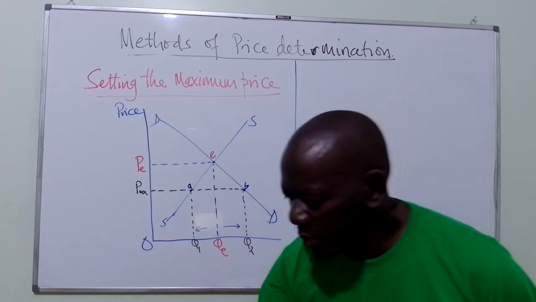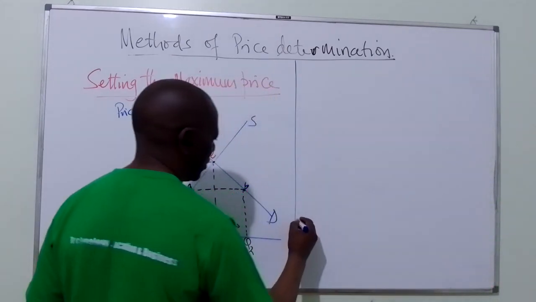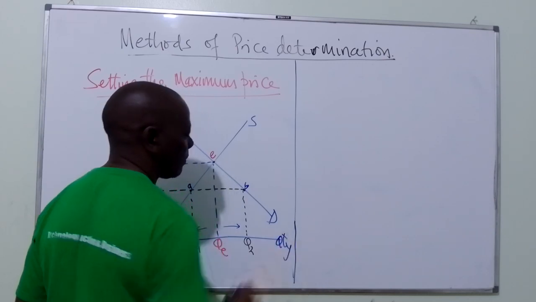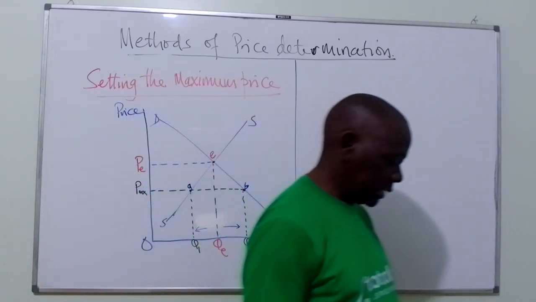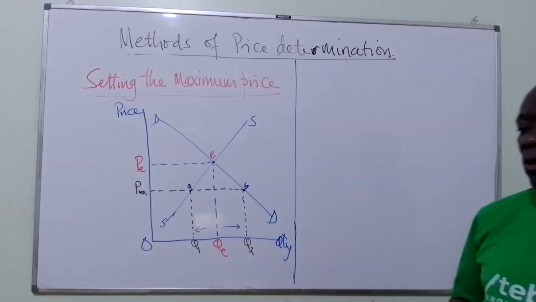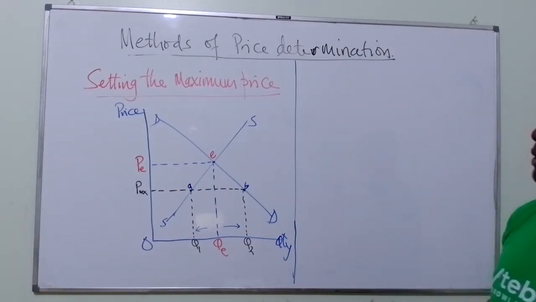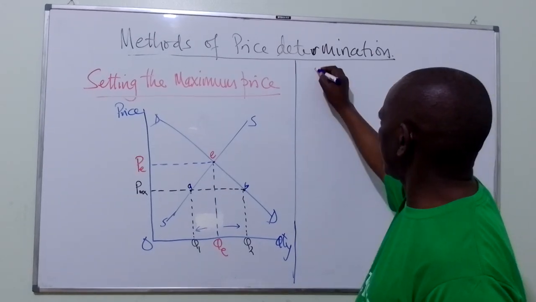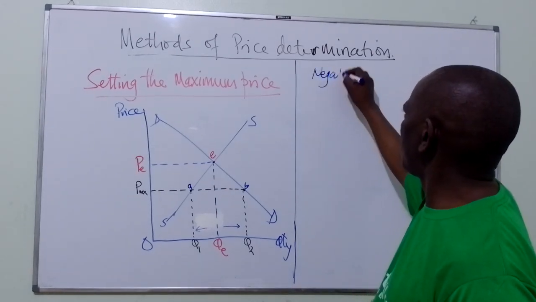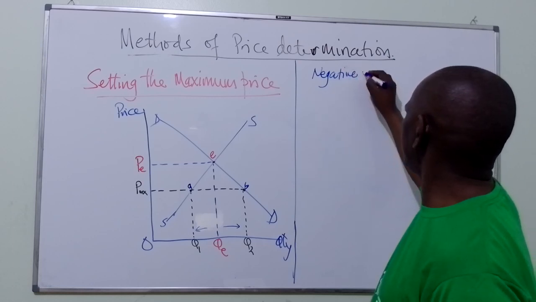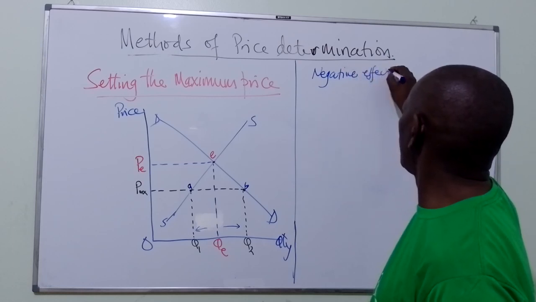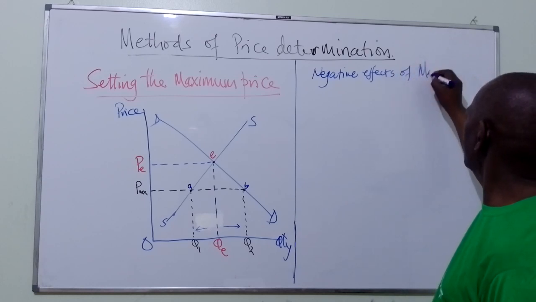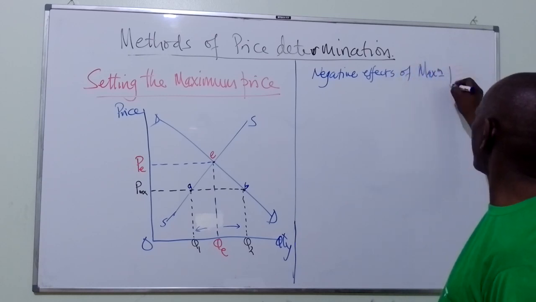I'm keeping the diagram on because we are going to use it as we give the disadvantages or the demerits or the negative effects.